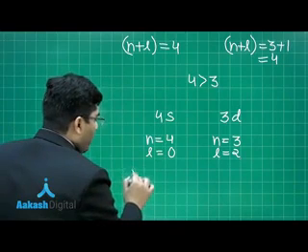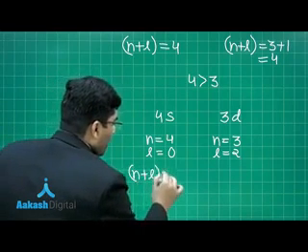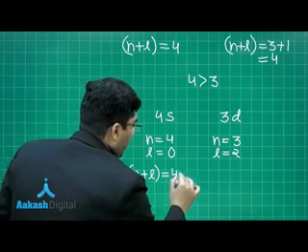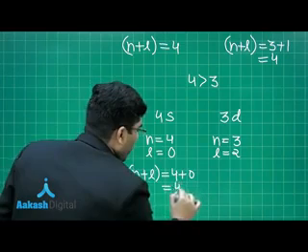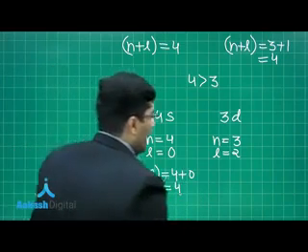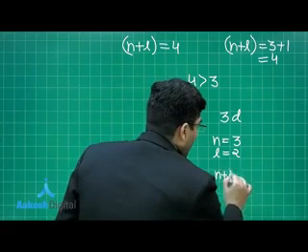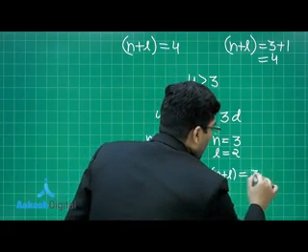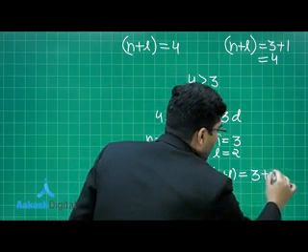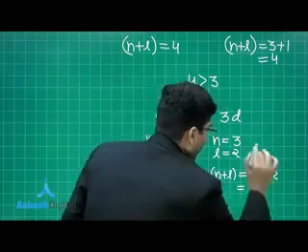The value of n plus l for 4s will be equal to 4 plus 0, that is equal to 4, right? And for 3d, n plus l will be equal to 3 plus 2, and that will be equal to 5.